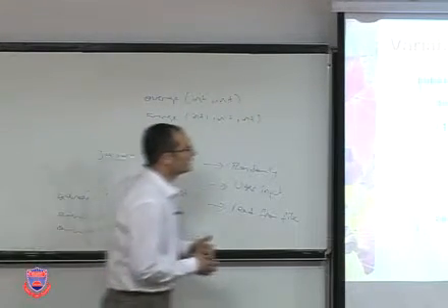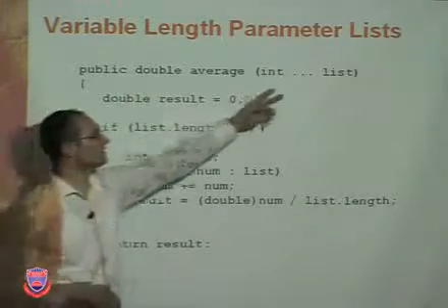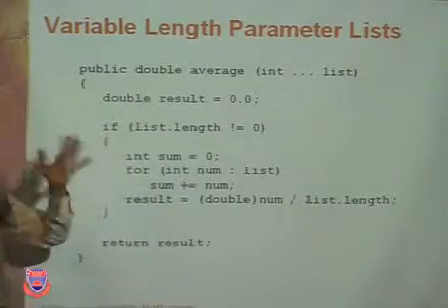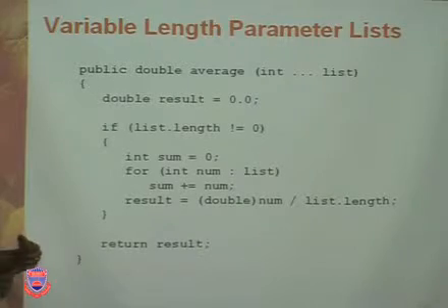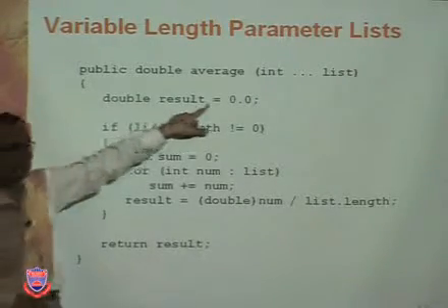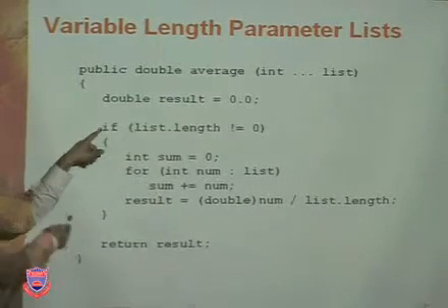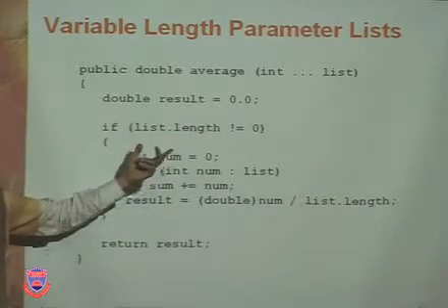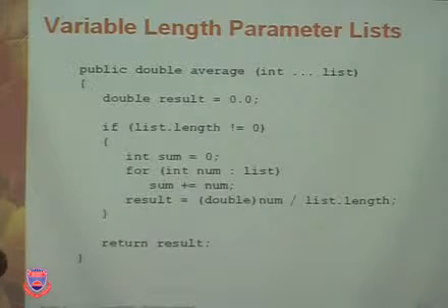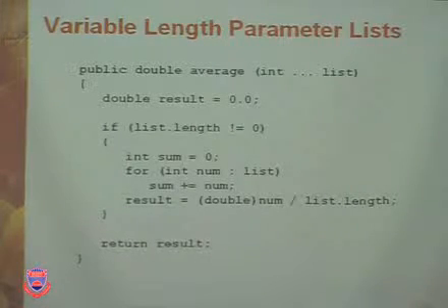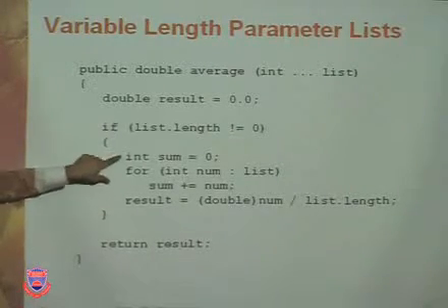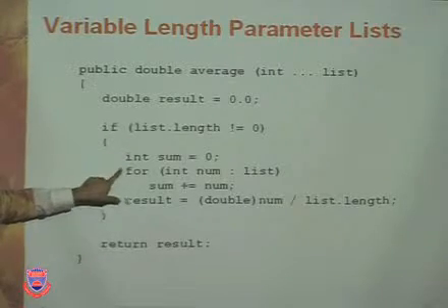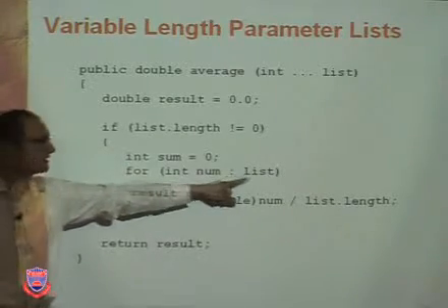So for example, you have the double average(int... list), which takes a variable number of integers as an argument, and initially the result is set to 0. Then if list.length is not equal to 0, meaning you have entered 1 or more elements in your array, you set sum equal to 0 and go over the list elements.